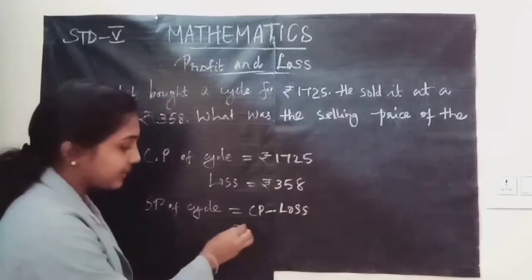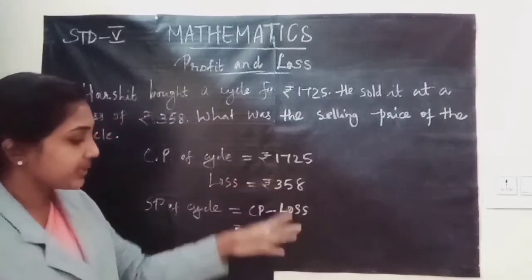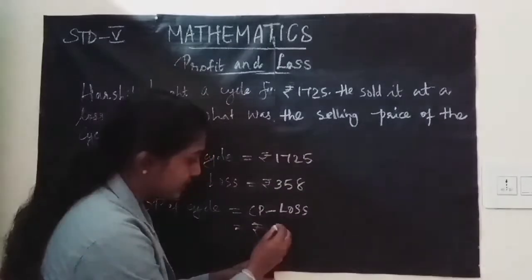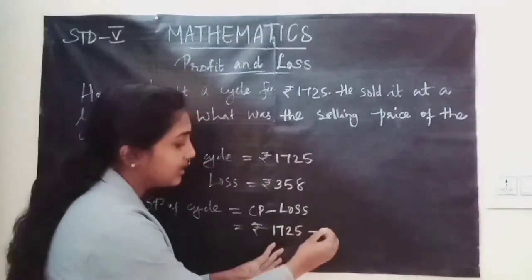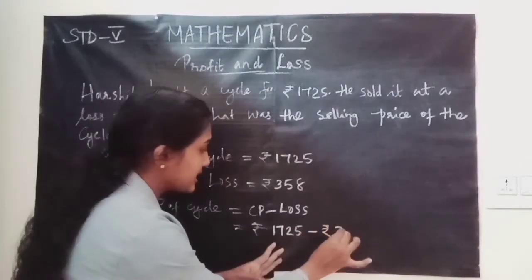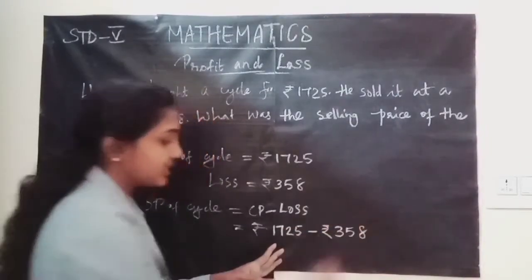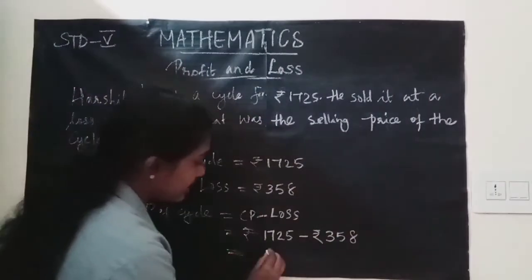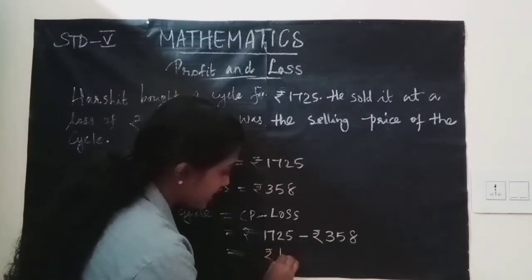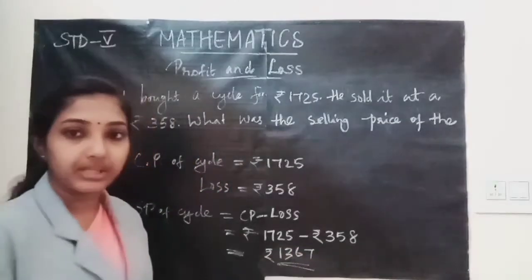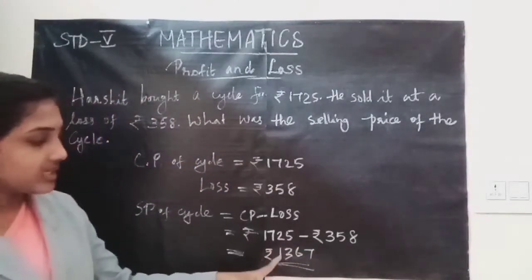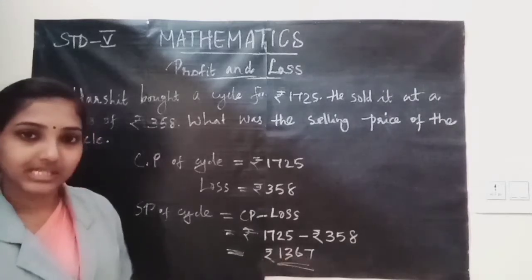Here the cost price of the item is equal to rupees 1725 minus rupees 358, and it is equal to rupees 1367. On doing the subtraction, we'll get the answer as rupees 1367.